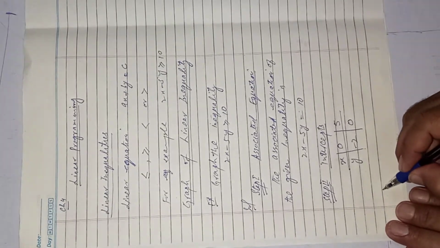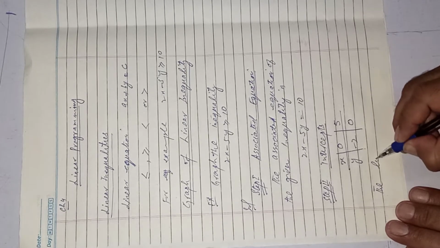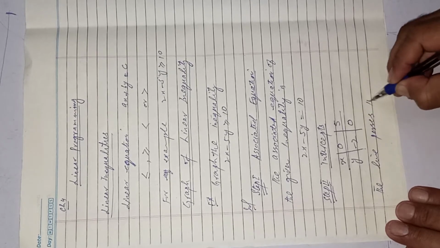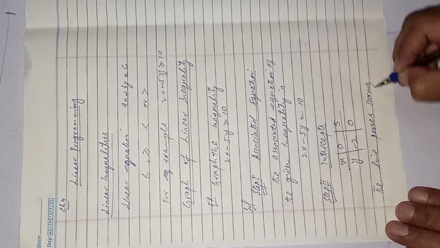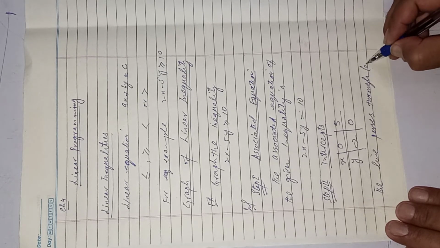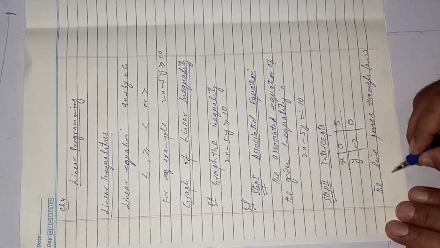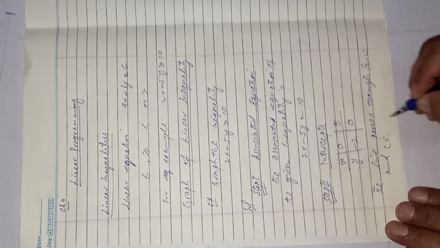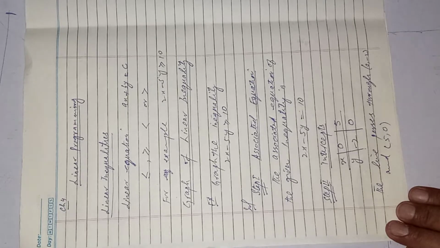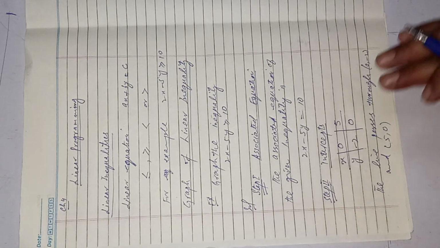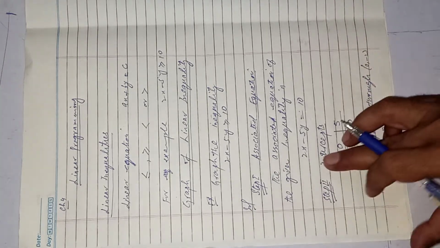So the associated line passes through (0, minus 2) and (5, 0), and you know that 2 points are sufficient to draw a straight line.